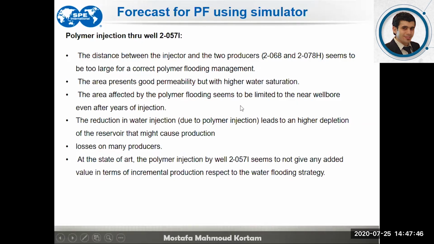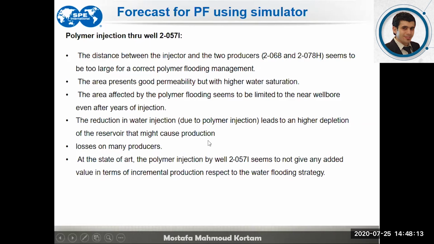The area affected by the polymer flooding seems to be limited to the near wellbore area even after years of injection. And in order to see the impact of the polymer, this required several years of injection to have a direct and obvious impact on the oil production in the producer well.